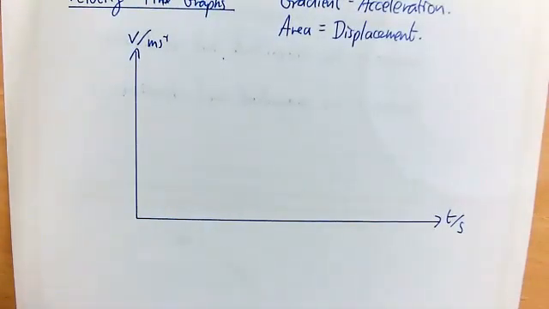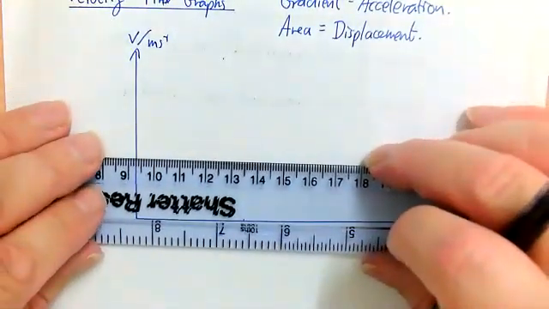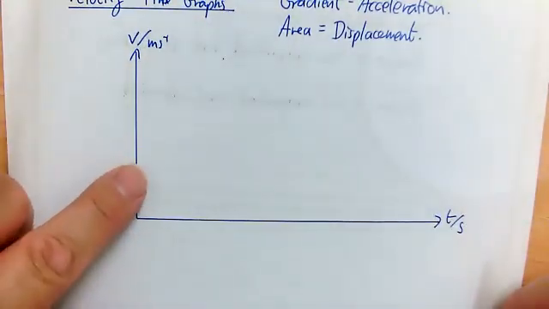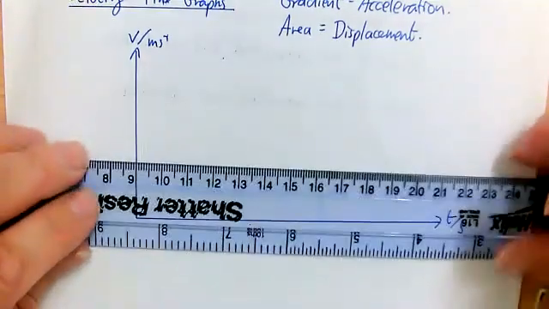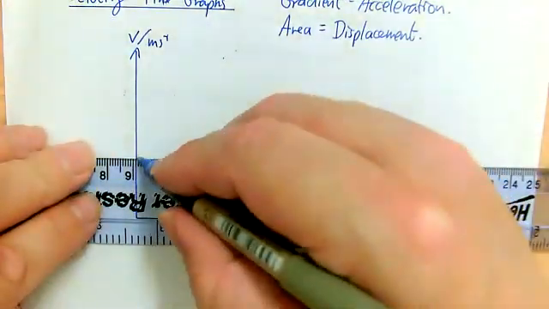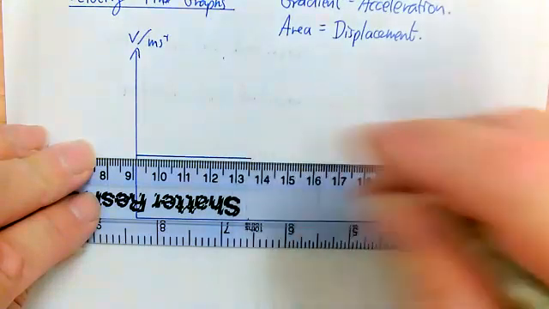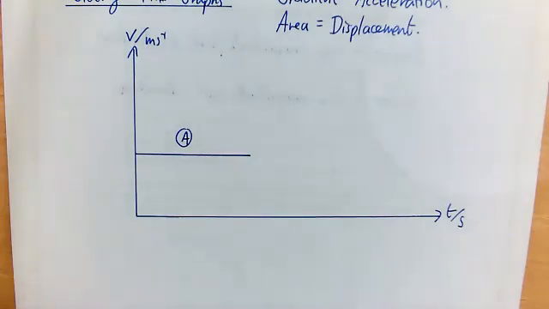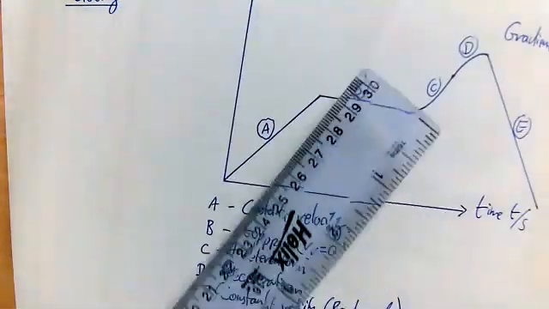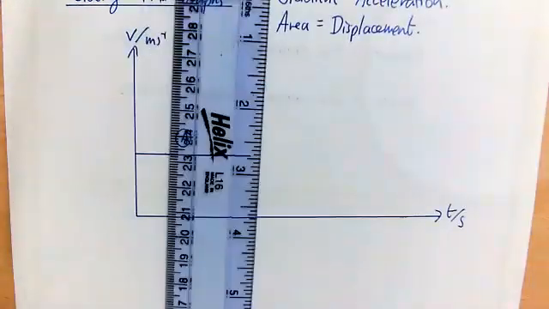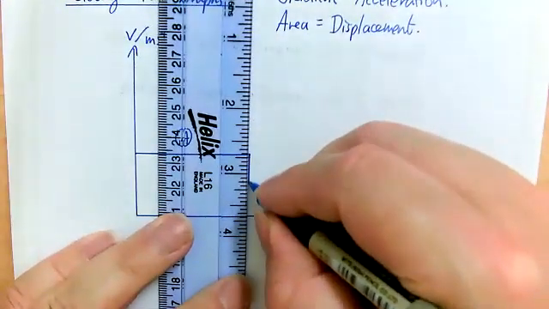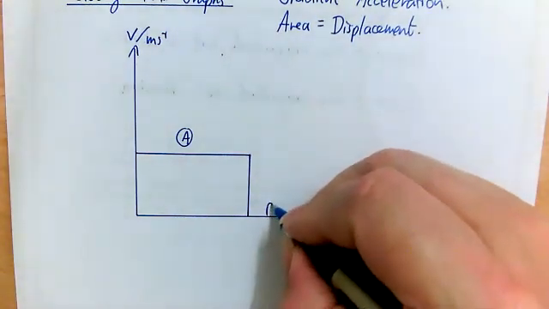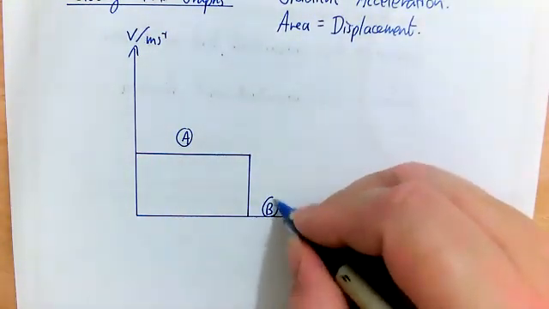So I started out at a constant velocity. There it is. So because my velocity is constant, then it's not going to change. So that y value of velocity is going to be exactly the same. It's going to stay the same. So it's got a horizontal line to start off with. Now with B, you see it stopped. Okay, so there's B, exactly the same motion.